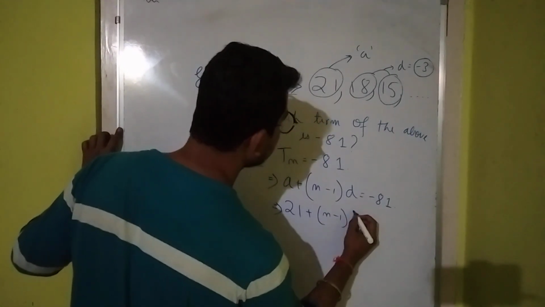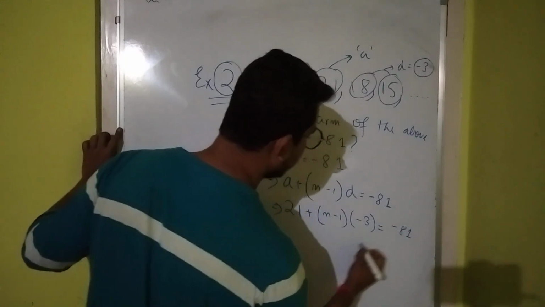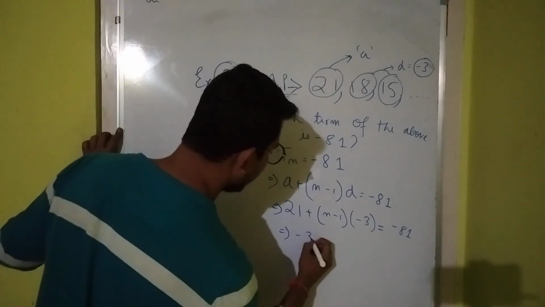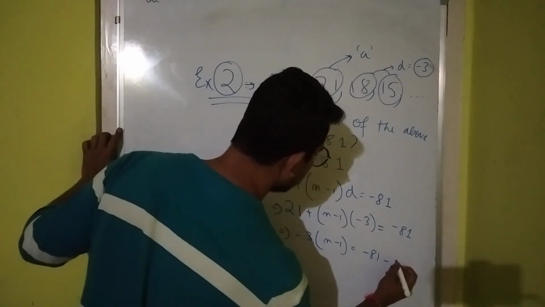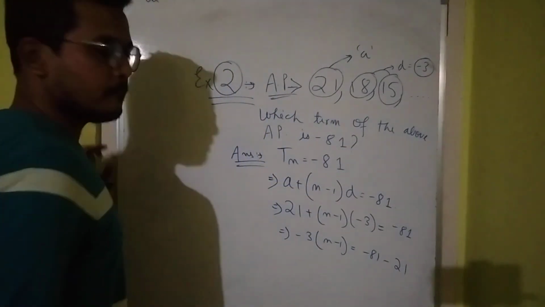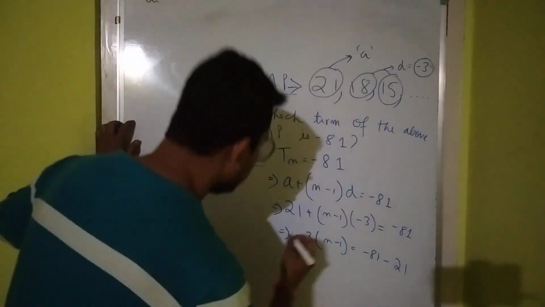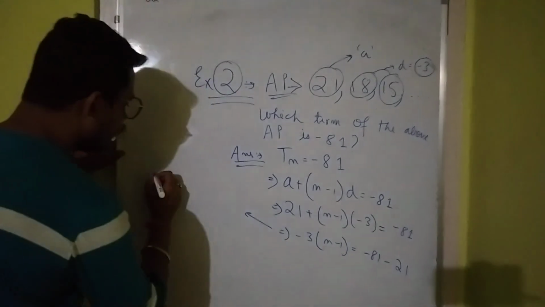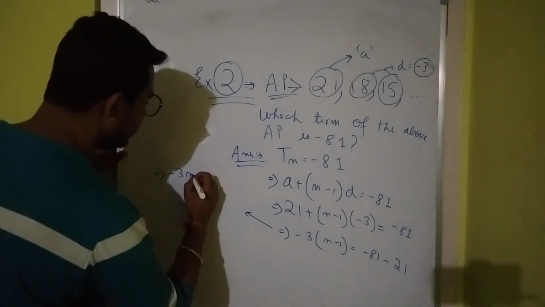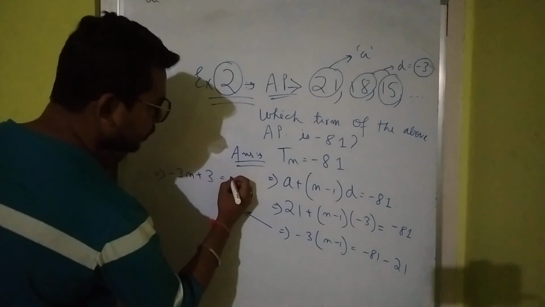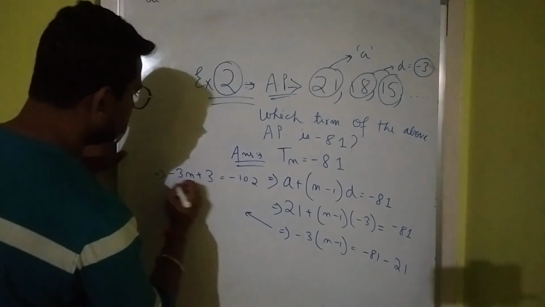प्लस n minus 1 into -3 will be -81, okay? So -3 into n minus 1 will be -81 minus 21. तो यहाँ से मुझे क्या मिल रहा है, -3n, और ब्रेक दिस, मल्टीप्लाई इट, -102, okay?